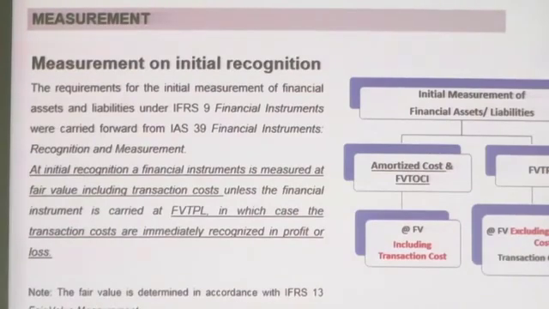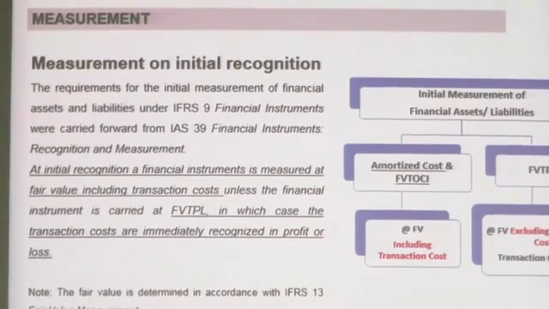Is that clear? If you measure fair value using unobservable data such as level 2 or level 3, day 1 gain no loss will be deferred over the life of the instrument. Throughout the period, part by part you will take into profit and loss.